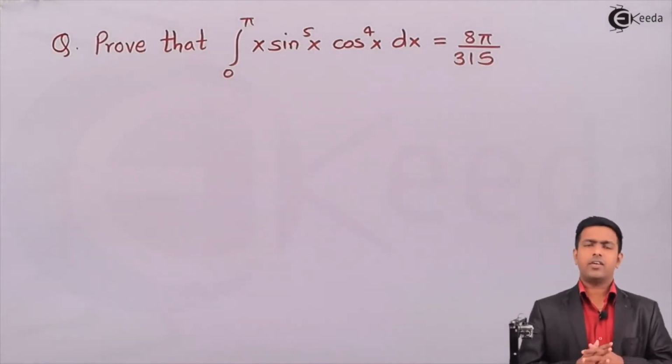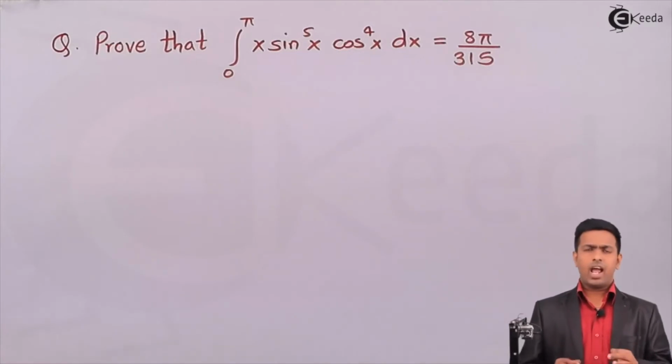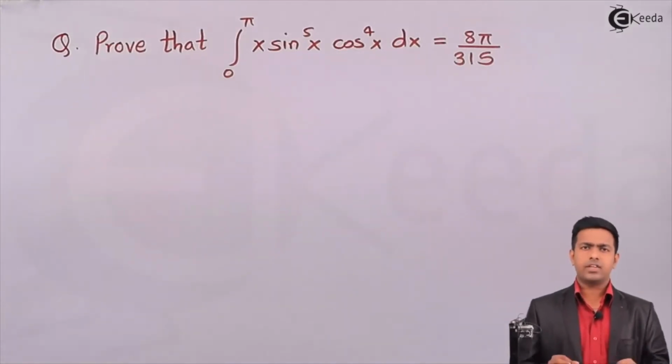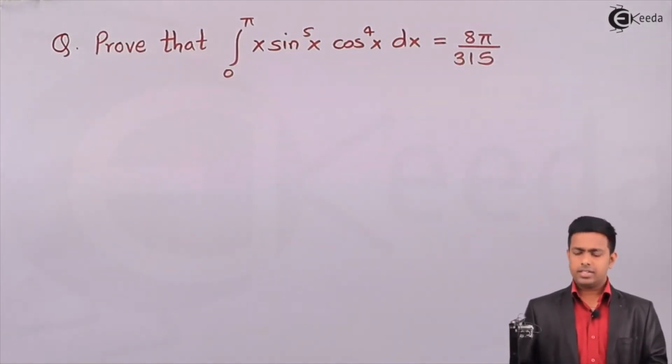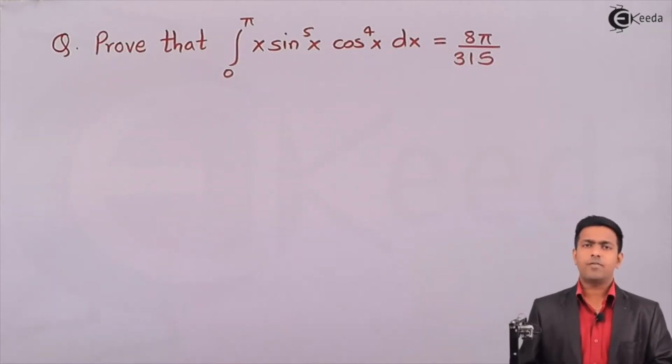So what is the other way? The other way is to apply the properties of definite integration. We have to apply properties in such a way that this x is removed from the integration, and only then can we apply the definition of beta function.